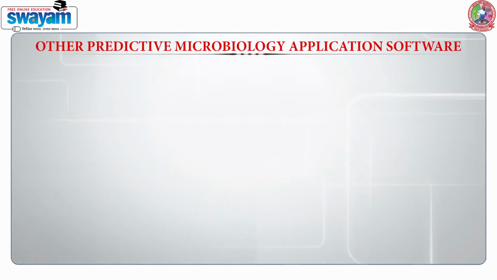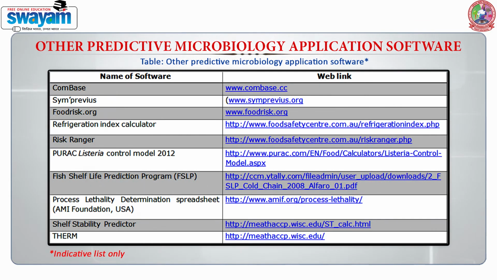We also have predictive microbiology application softwares. This is only an indicative list. We have ComBase, we have Sym'Previus, foodrisk.org, RIC, that is refrigeration index calculator. We also have Risk Ranger. Then we have specific programs for Listeria.